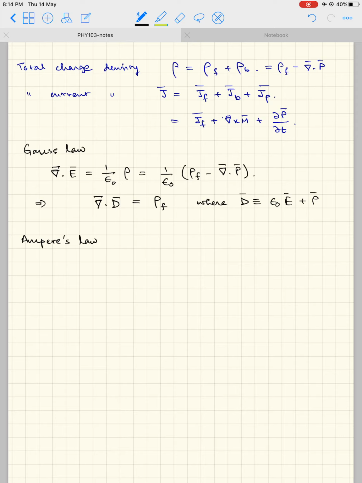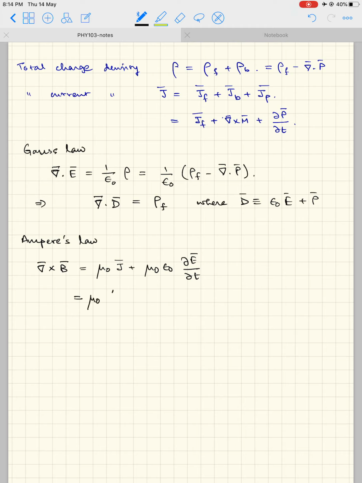What does that have? So that is del cross B, that's mu naught J plus mu naught epsilon naught del E del T. So this means that let's just write this down.